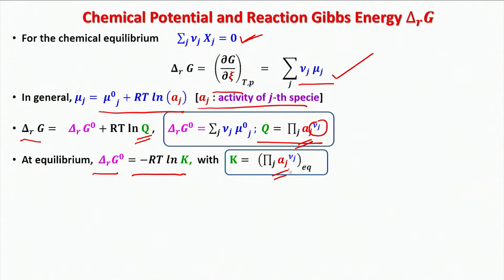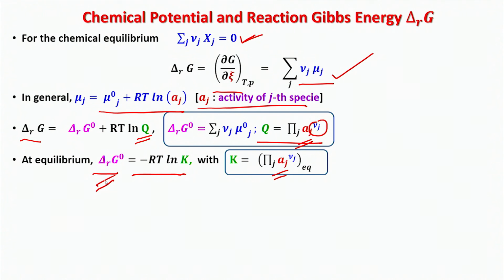If that information is not available with me, I can always use the standard thermodynamics tables to find out the delta Rg naught and predict K as a function of that particular composition.